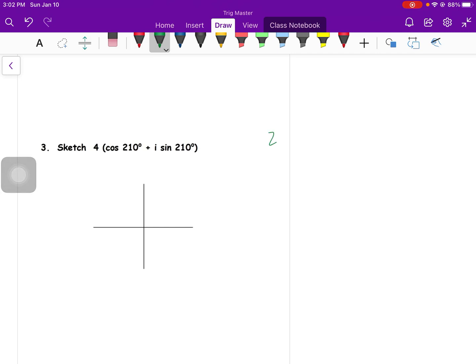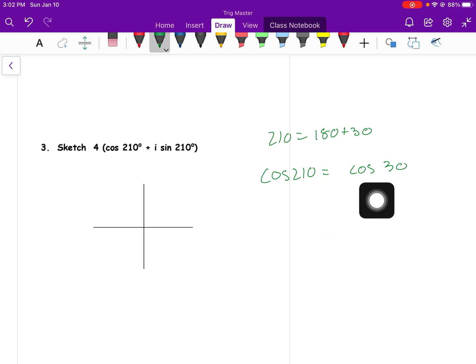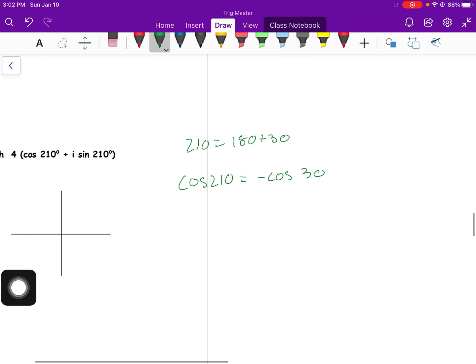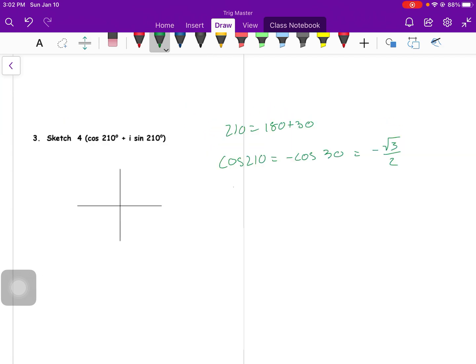Well, 210 degrees is equal to 180 plus 30, right? So I can think of my reference angle being 30 degrees. So cosine of 210 is equal to cosine of 30. Well, I think about my negative signs. So cosine of 210, that's going to be to the left. That's a negative. So there's that, which is going to be negative square root of 3 over 2.